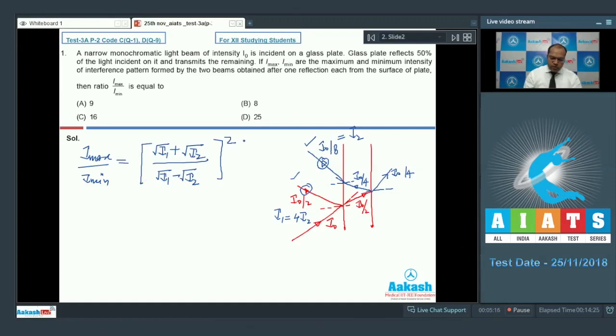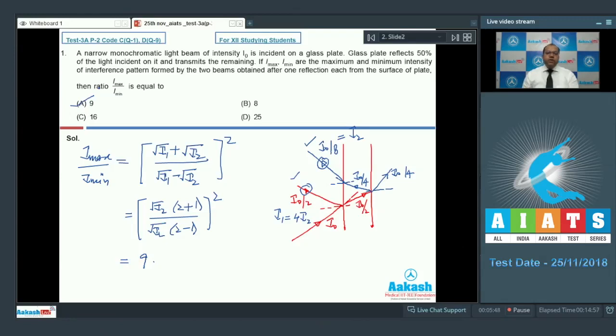Substituting I1 in terms of I2, it becomes (under root I2 into 2 plus 1) divided by (under root I2 into 2 minus 1), whole square. On solving, it comes out to be 9. So option A is the correct answer. The correct answer for question number 1 is option A.